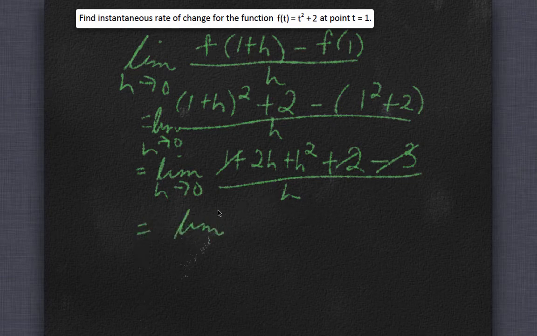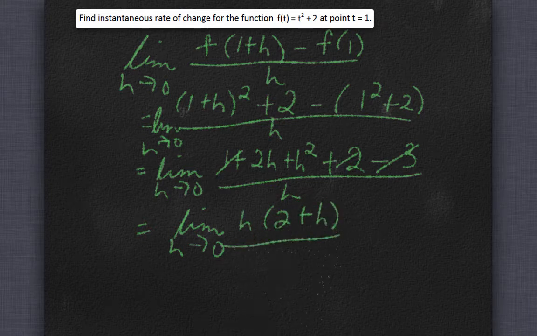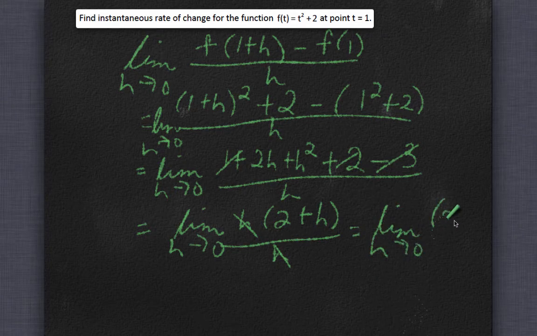So this is the limit as h goes to 0. And now I just have these two pieces. I'm going to factor out an h, 2 plus h. So the limit as h goes to 0 of 2 plus h. And now I plug in 0 for h, and I get 2.